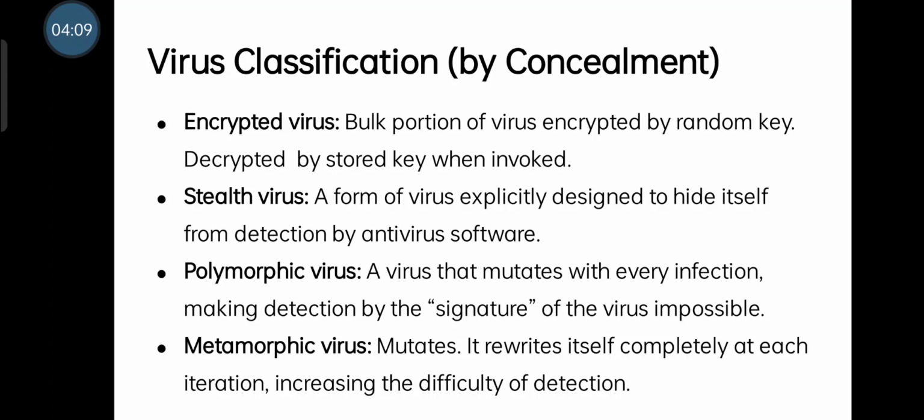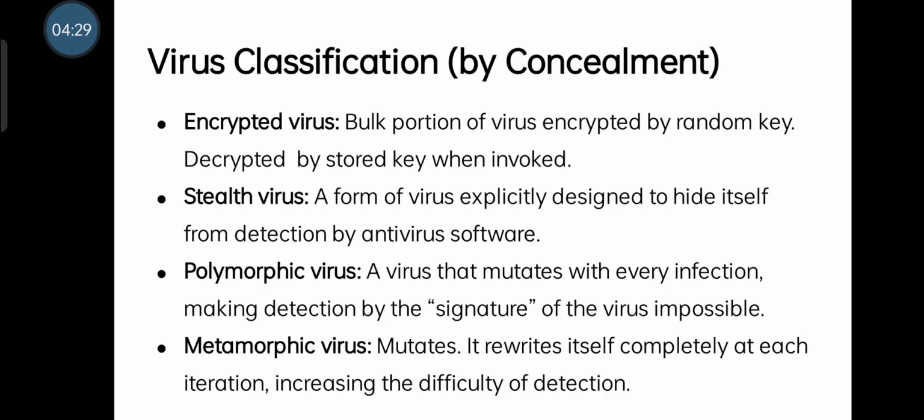And then we have some other viruses called encrypted virus, stealth virus, polymorphic, and metamorphic. In an encrypted virus, a bulk portion of the virus is encrypted by a random key and decrypted by the stored key when invoked. A stealth virus is a form of virus explicitly designed to hide itself.